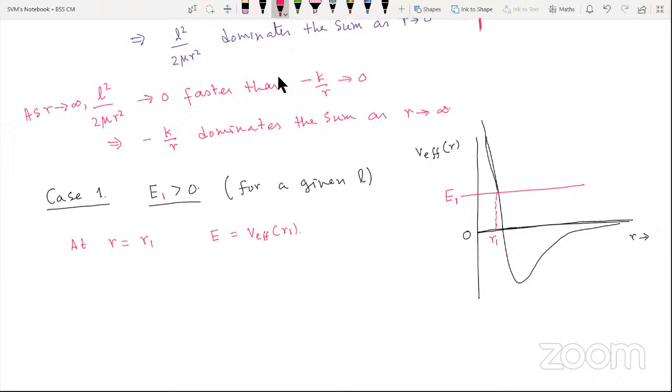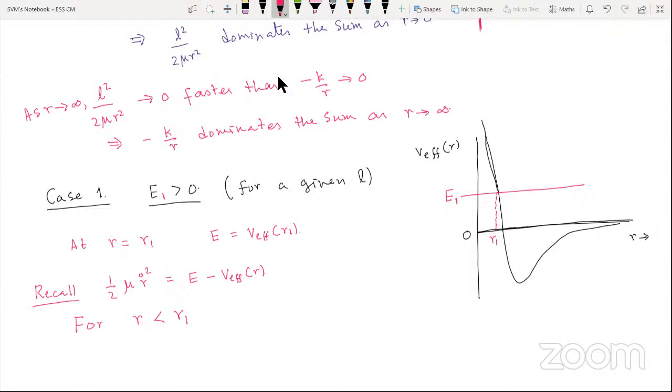Now remember we have half mu R dot square is equal to E minus V effective of R. Recall that half mu R dot square is equal to E minus V effective of R. Now look at this situation for R less than R1.